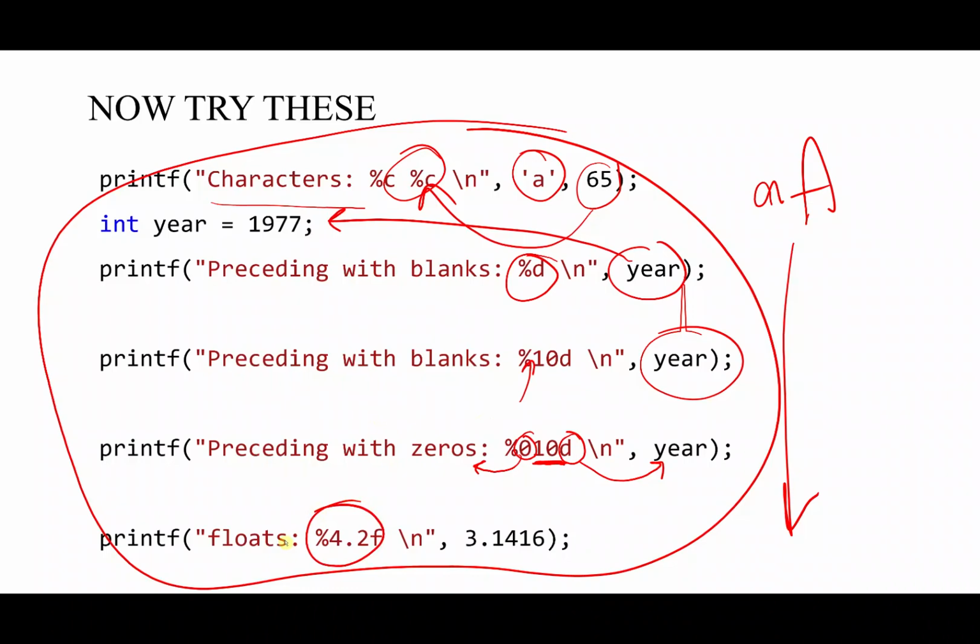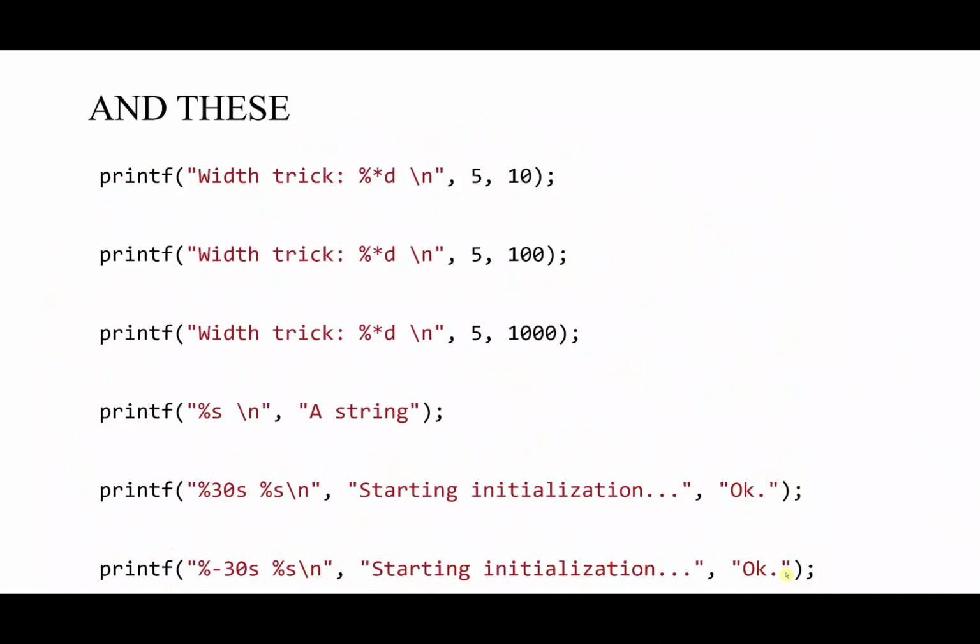4.2 is basically printing 2 decimal places, and the 4 is for the imaginary field, like set width with 4. An imaginary field with 4 places, and 2 is how many digits after the decimal point. So that prints 3.14, and so on.